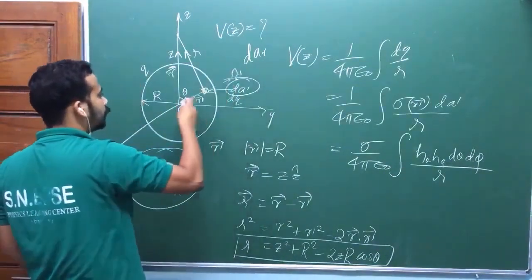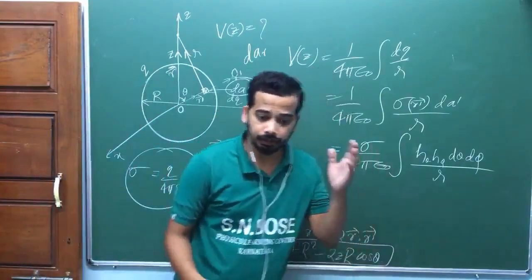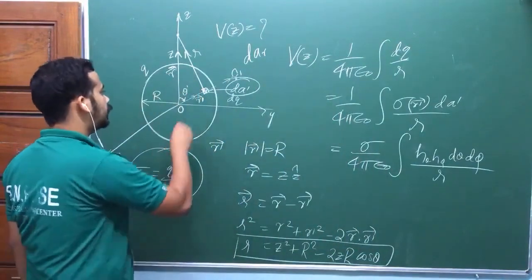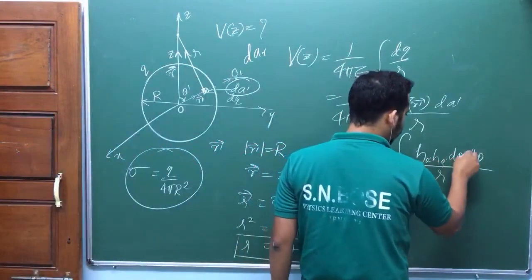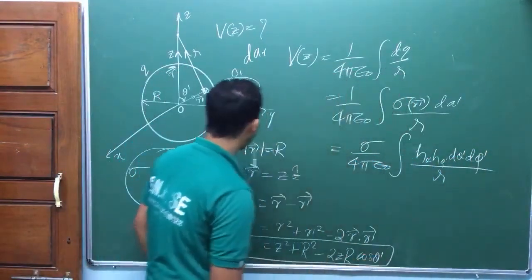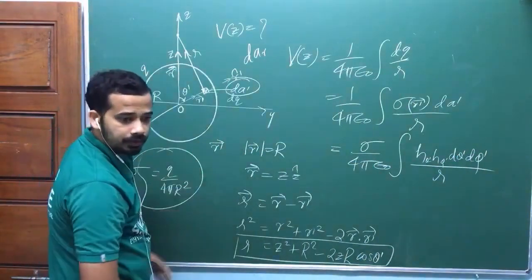I better take all as prime because you should know with respect to what you are integrating. You take theta prime, sin theta prime, d theta prime, d phi prime. Here also take theta prime because you are integrating with respect to source charges here.